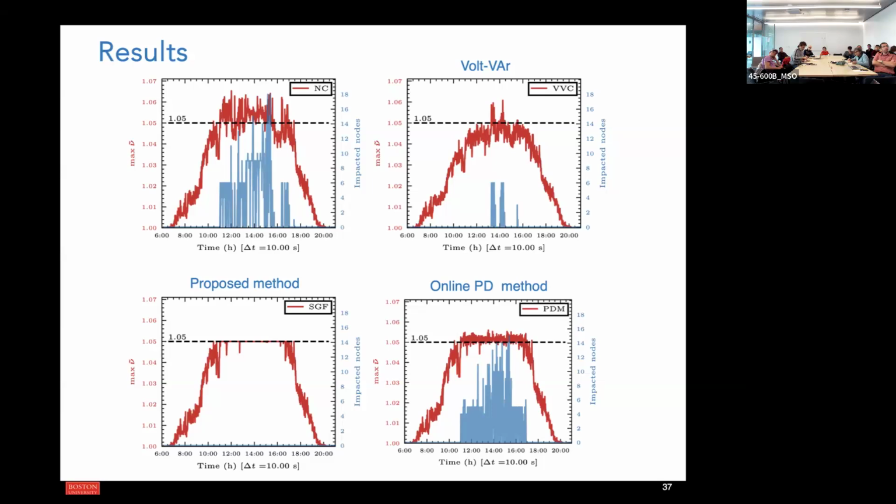But this is what we get using our safe gradient flow approach. You're able to completely cut the voltages at 1.05 in spite of some errors. So although we have a local practical exponential stability from the theory, in practice, from simulations, you completely cut the voltage magnitude at 1.05.